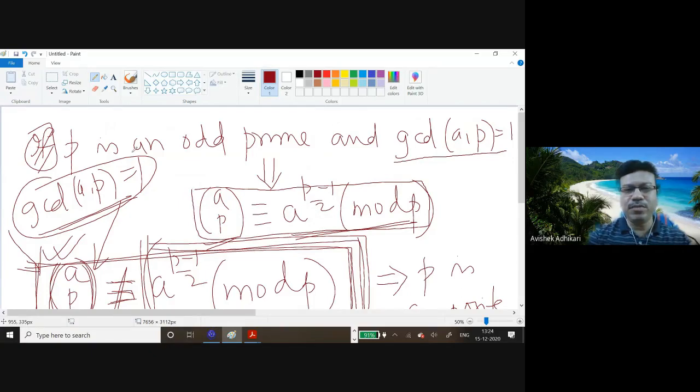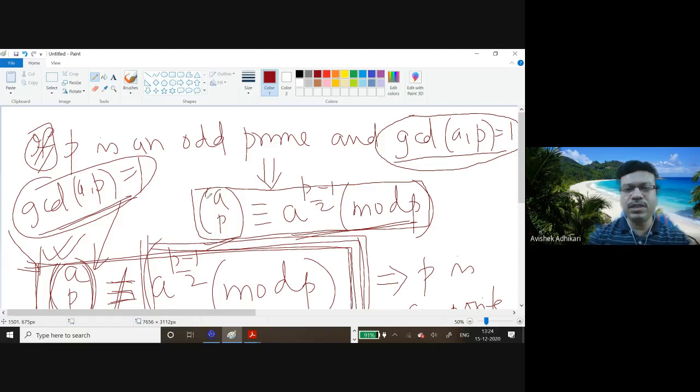In case of P odd prime, the Jacobi symbol and Legendre symbol are the same. So if P is an odd prime, and suppose we have already checked this one, because in calculating the Legendre symbol or Jacobi symbol, this GCD has to be equal to 1. So if P is an odd prime and GCD of A and P equals 1, this equality holds.